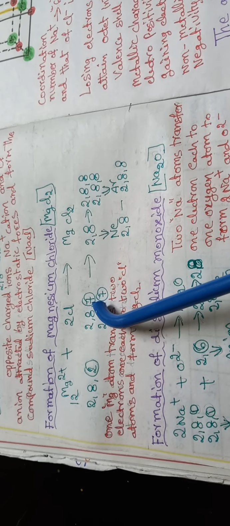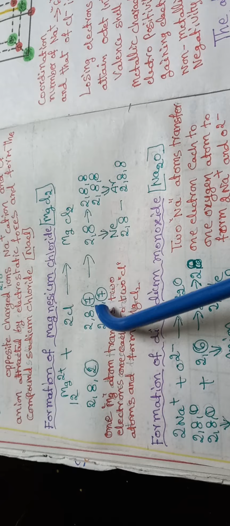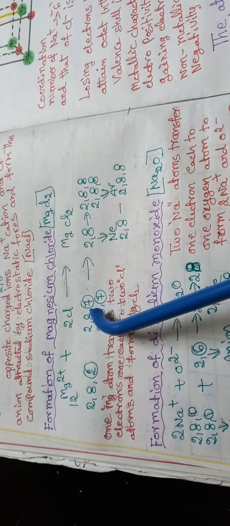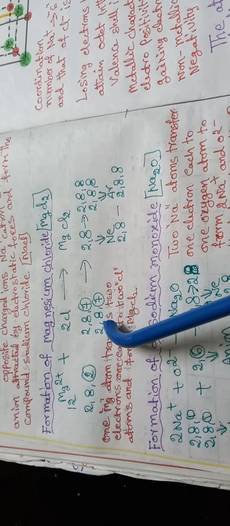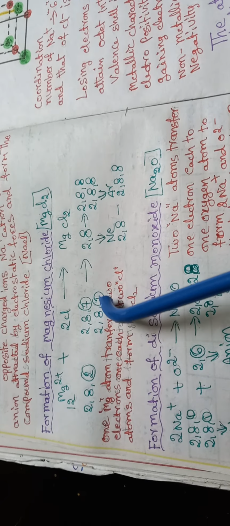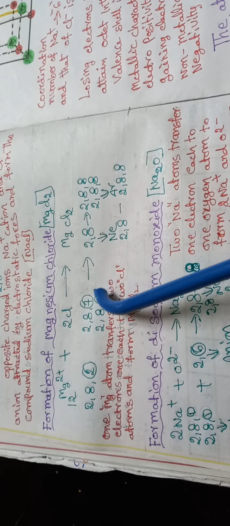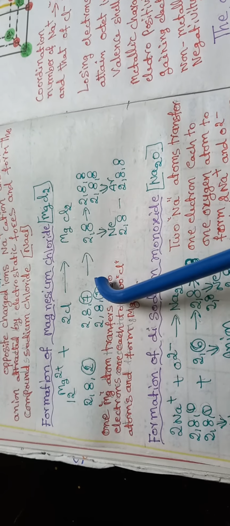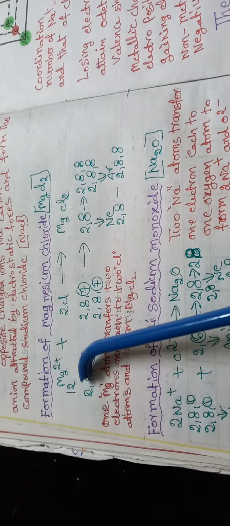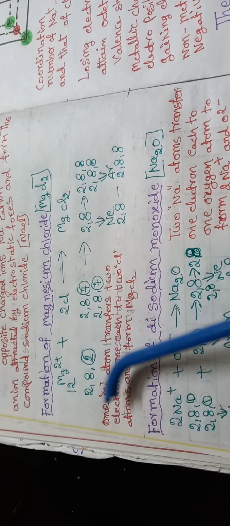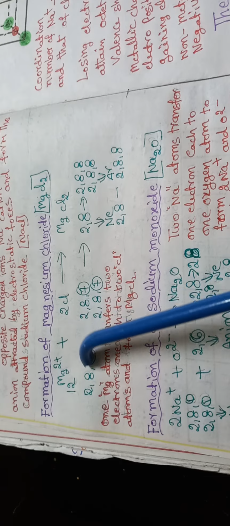So the first one wants 1 electron for getting octet position, and the second chlorine atom also wants 1 electron for getting the octet position. So here one magnesium atom contains extra 2 electrons.